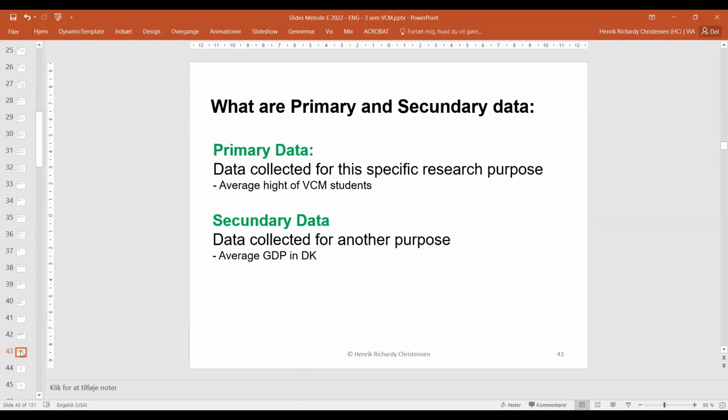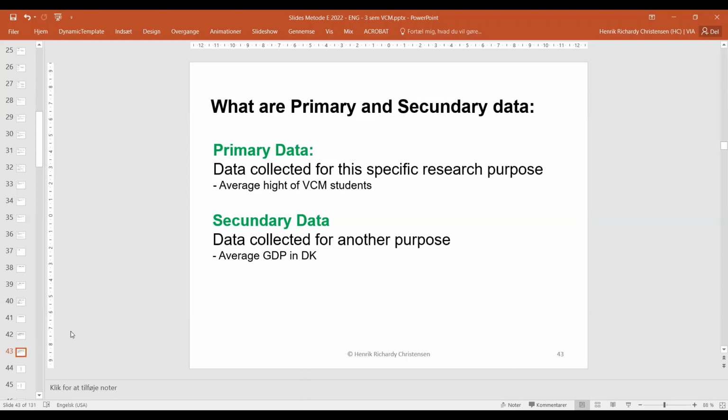So always start by looking out for data collected by other people or other organizations, because they might have collected data that we can use. And also always start at the library, because the library might have tons of data that can help you in your projects when you are looking into understanding a specific problem.